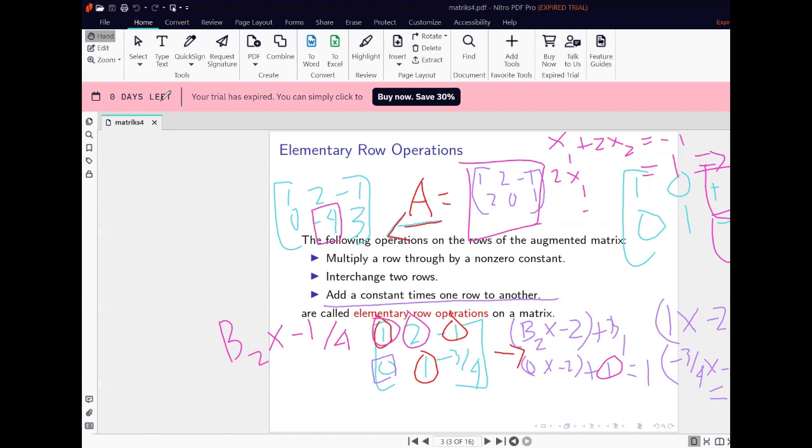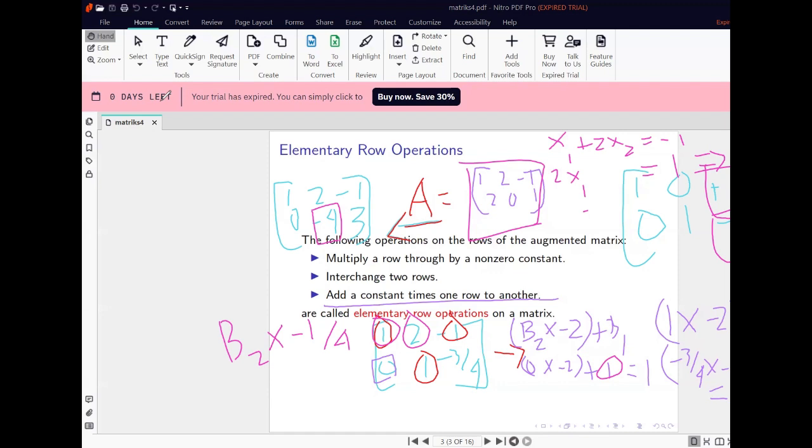This example is quite simple, so you can check your answer using the substitution method instead of elementary row operations.